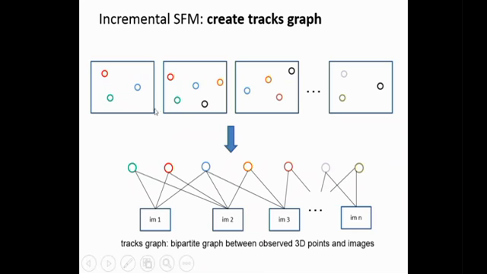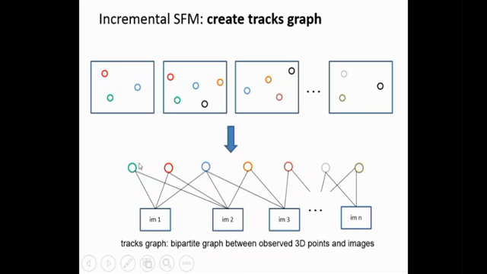So like this green point, this corresponds to some 3D point or set of points that is seen by both of these images. And so I've got 2D observations of this 3D point in this image and 2D observations in this image. Because they match, I'll assume that they correspond to the same 3D point.